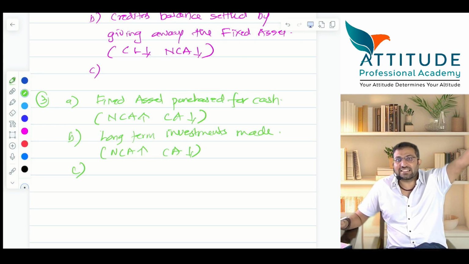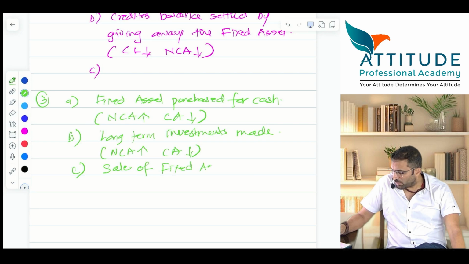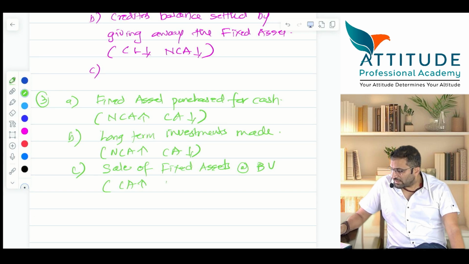Profit रहा तो then NCL will get involved. Yes or no? So tell me, sale of fixed assets at book value. At book value. क्या होता है? CA increases ना? Current assets increases, cash account debit, and NCA reduces.